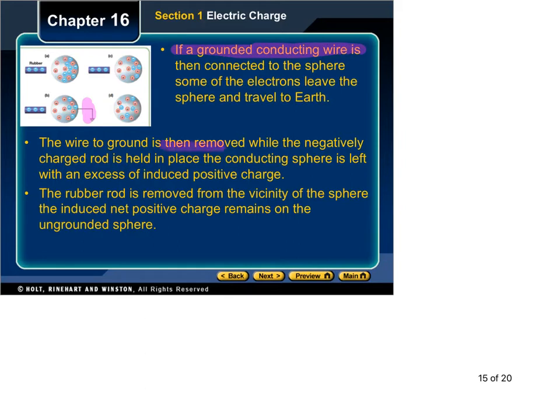Then we remove the grounding wire while the negatively charged rod is still held in place. Now we remove it, and then we remove the negatively charged rod. The sphere remains with a positive charge.